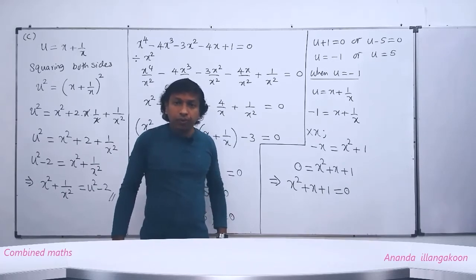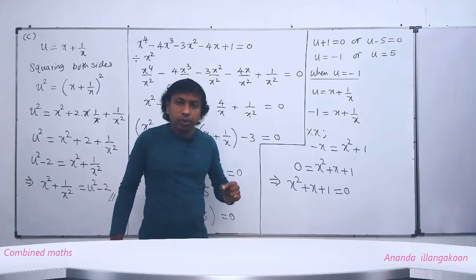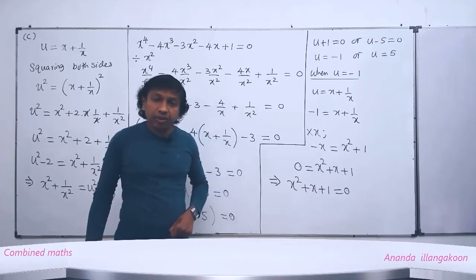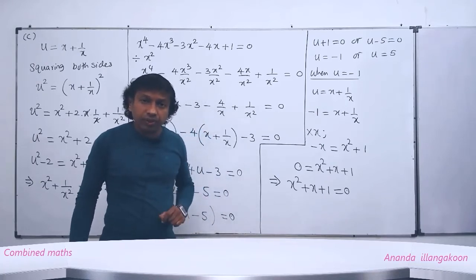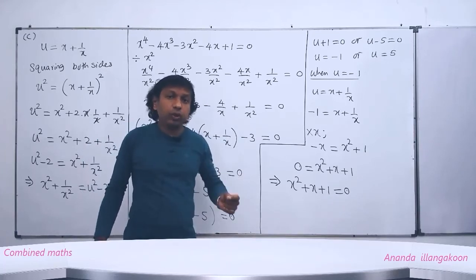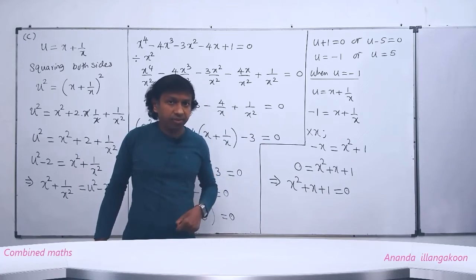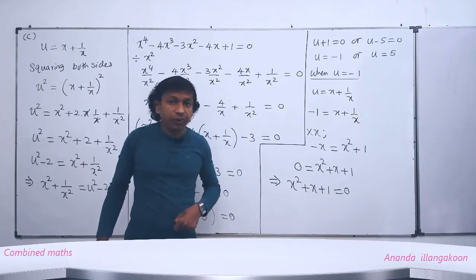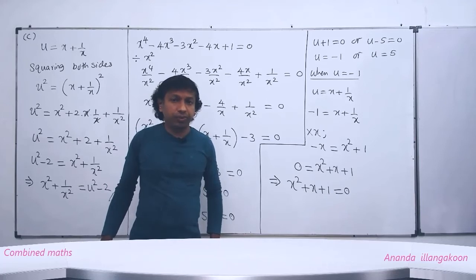You know, for a quadratic equation, what is the condition required to have real roots, people? The discriminant of the quadratic equation should be positive or zero. If the discriminant, that means delta, is negative, people, there are no real roots.